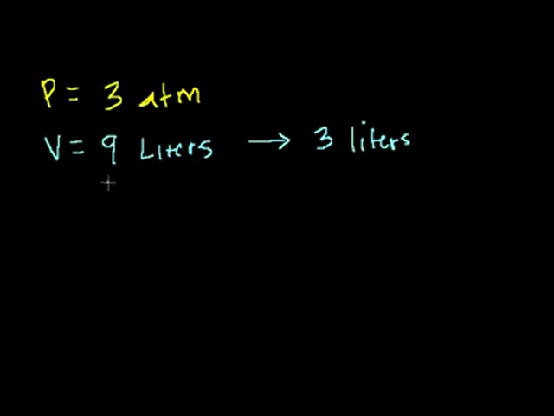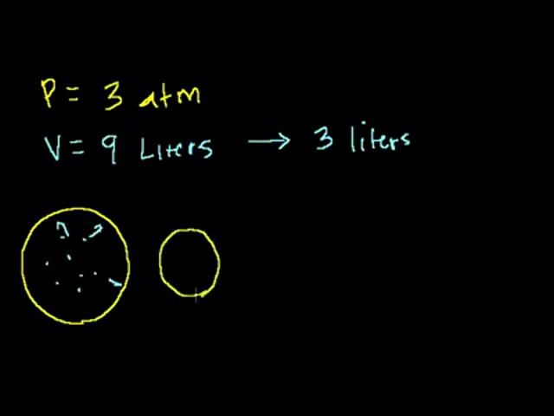In our original intuition behind the ideal gas equation, we said if we have a certain number of particles with a certain amount of kinetic energy exerting a certain pressure on their container, and we make the container smaller, we have the same number of particles, n doesn't change, the average kinetic energy doesn't change, so they're just going to bump into the walls more. When the volume goes down, the pressure should go up.